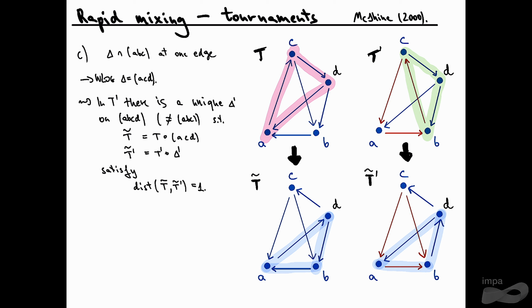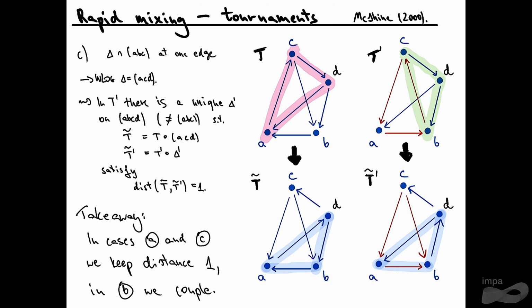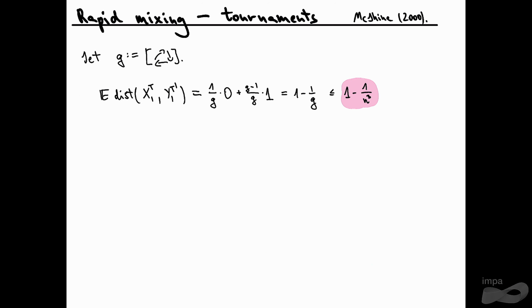The miracle is that you can do it for any configuration on these 4 vertices, and there is a unique correspondence between what you can flip in T and in T prime. So in cases A and C, we stay at the same distance, and in case B, we coalesce them. In expectation, we reduce the distance, so we have a contractive coupling, and we are happy.